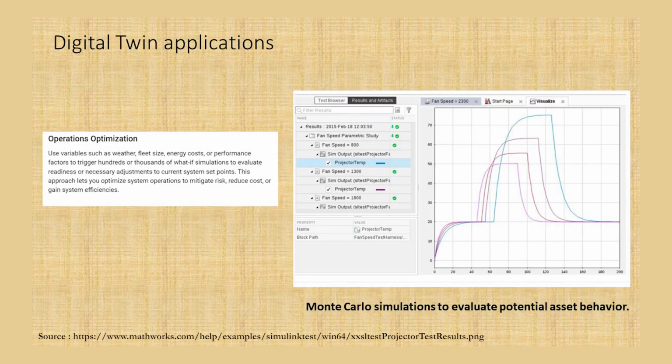The next application is that of operations optimization. So, you can create these sorts of Monte Carlo simulations to evaluate what is the potential asset behavior based on the current state.